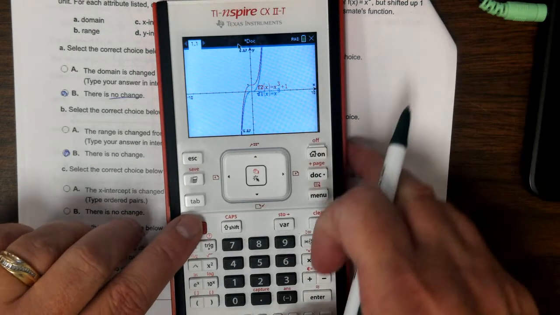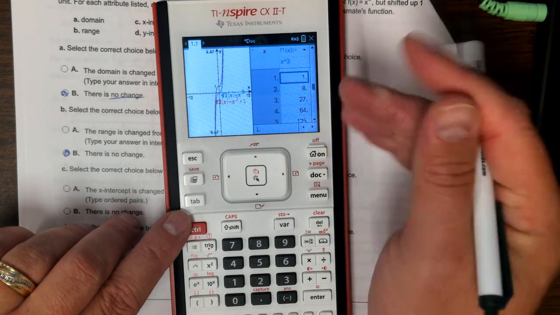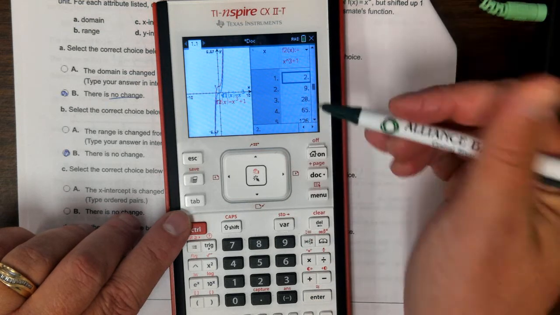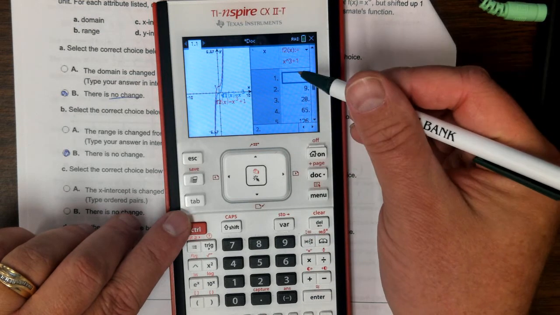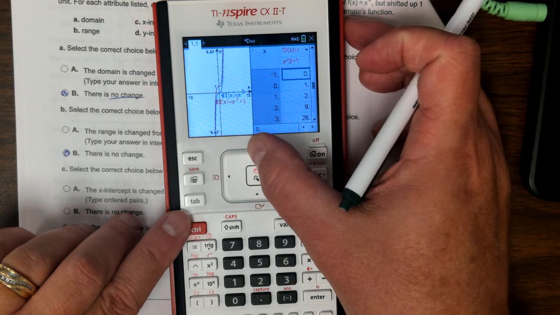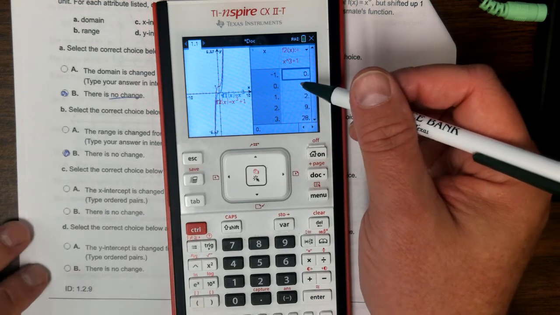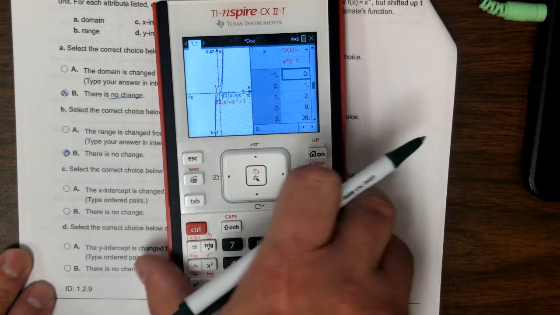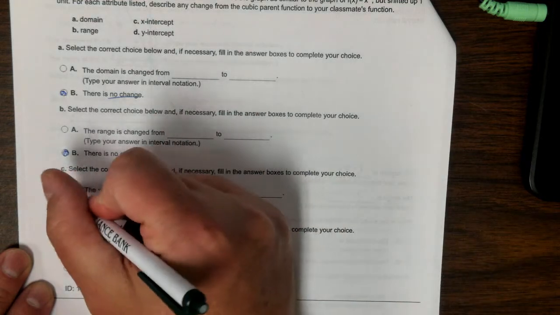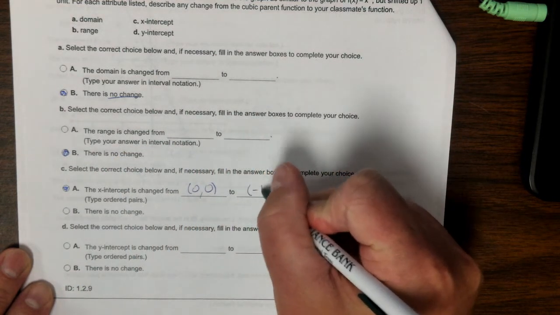So how we do this is go to Control T. This is the x cubed function, and we really want the other one, so I went to the right, and we want to look to see where there's a 0. And we found it there. It's negative 1, 0. So that means the x-intercept goes from 0, 0 to negative 1, 0.